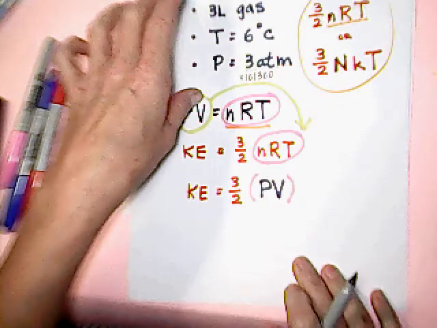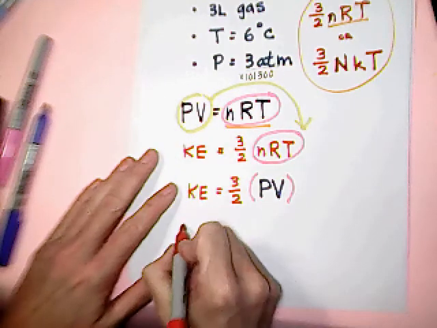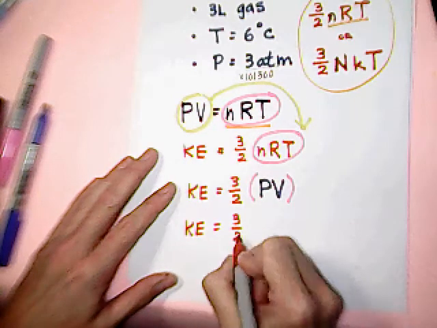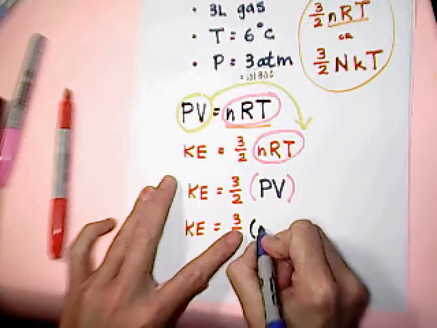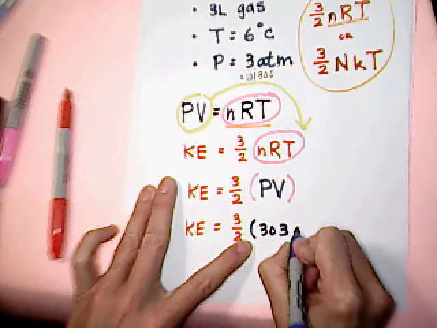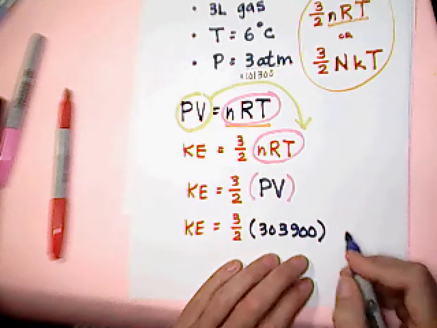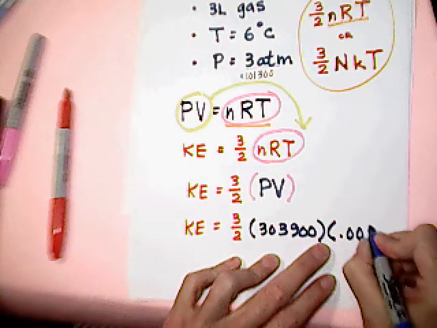So finally, in the end, once I substitute everything in, I'm going to get that my kinetic energy is 3/2 times my pressure, which is 303,900 pascals, times my volume of gas, which is 0.003.